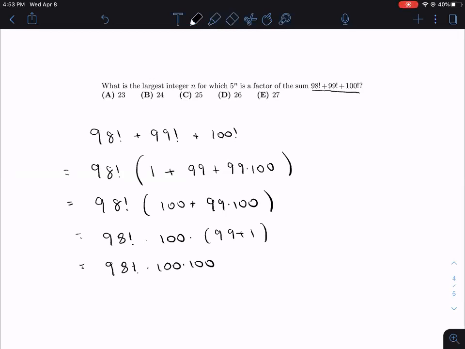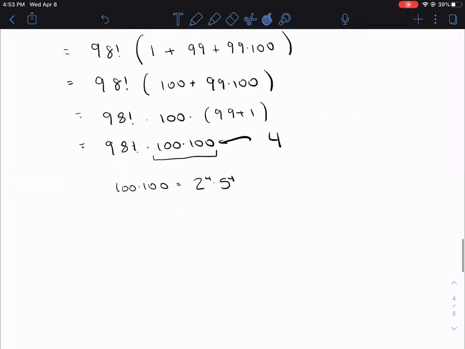So we can quickly find the number of fives in the second part. 100 times 100 is 2 to the 4 times 5 to the 4, so this gives 4.